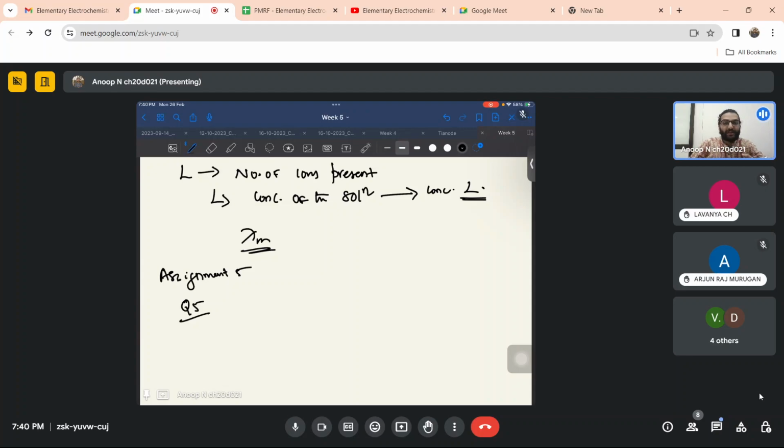Whatever potential we are applying for an electrolytic process, the entire portion won't go to the solution; some part will drop in the solution itself. So in order to avoid that, we apply Ohm's law and increase the conductivity of the solution as much as possible. That application of Ohm's law is very important. So we connected it to electrolyte solutions and did some problems. So I think that's it for this week.